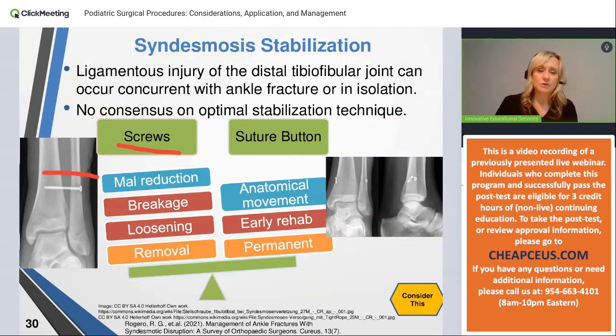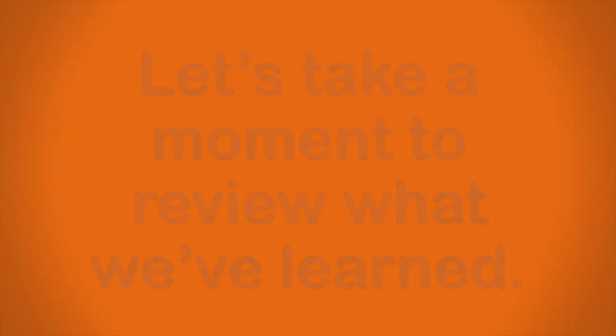So this is our patient who had a ligamentous injury. We're trying to stabilize that distal tibiofibular joint.